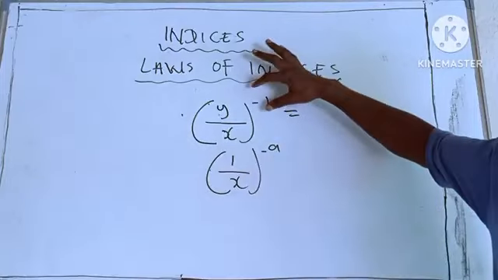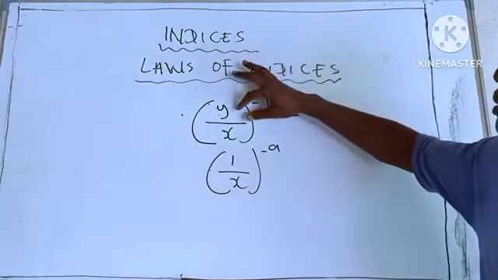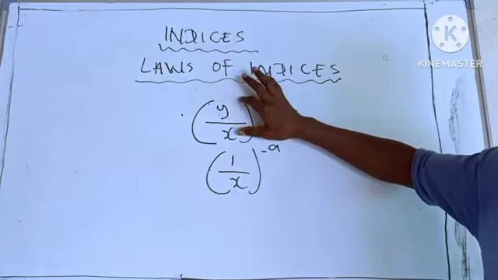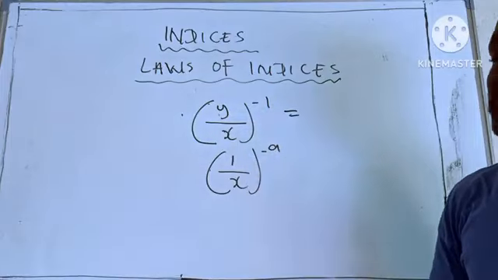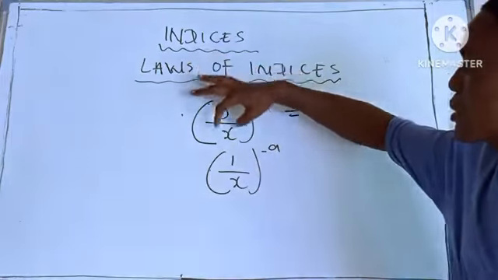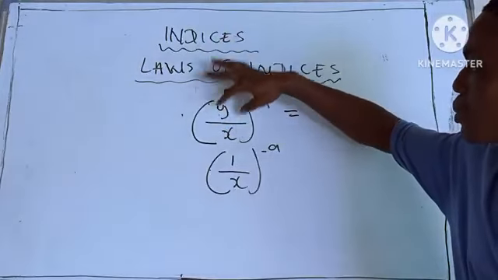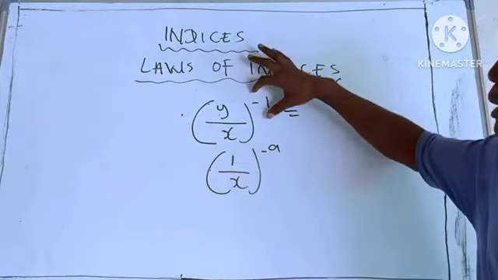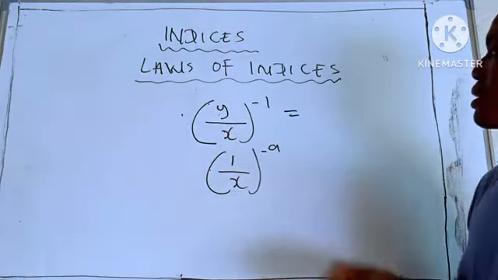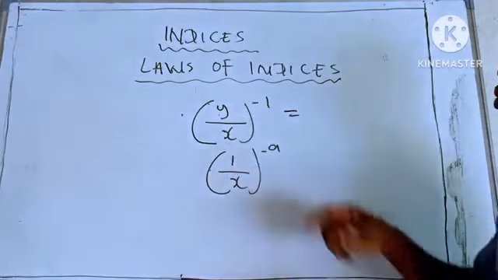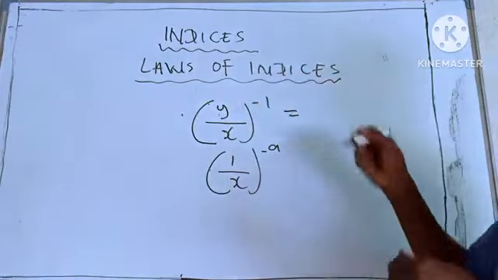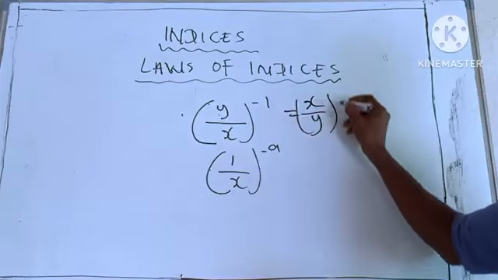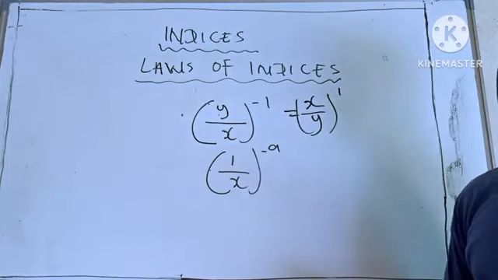So for you to remove the minus sign, just exchange the two numbers or the two alphabets by bringing the up one downward and moving the down one upward. When you exchange them, this minus sign will disappear. Now look at it, y all over x. So for you to remove the minus sign, it will be x all over y. So we are left with raised to power 1.